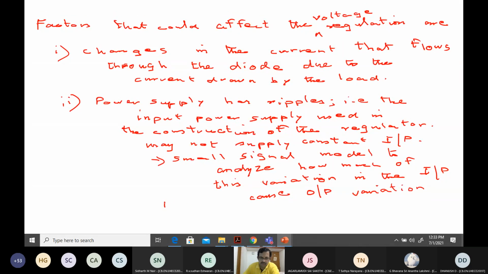The input power supply used in the construction of the regulator may not supply constant input, and we used the small signal model to analyze how much of this variation causes output variation. So these two factors must be kept in mind and we will exemplify this problem.